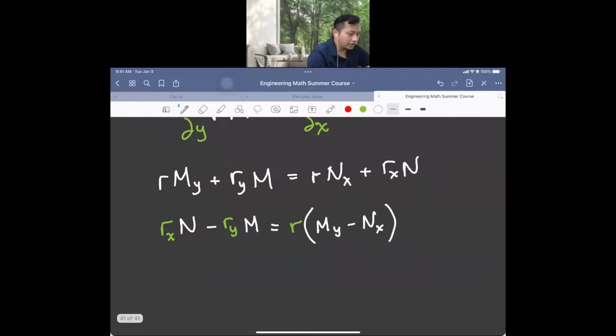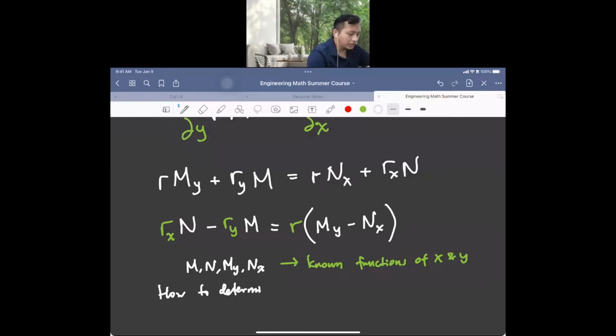The functions M, N, and their partials are all known functions of x and y. The problem is how to determine R(x,y).